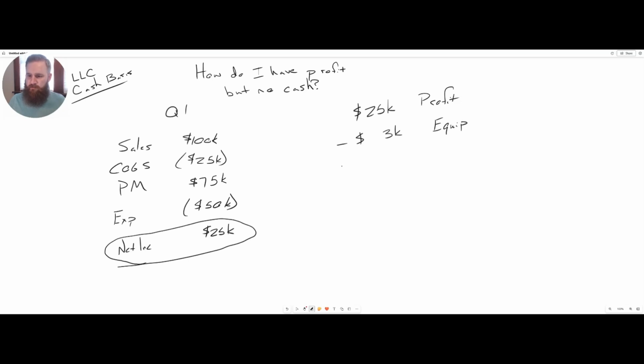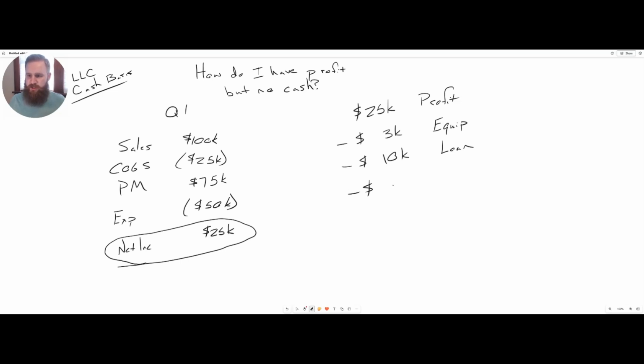You also have loans. Maybe it's a vehicle loan for the business, or maybe you own the property that your business is in, and so you pay a mortgage on that every single month. We're going to call your loan payments for the quarter $10,000. And then you're an LLC, so you don't have any payroll because you're not an S corp or a C corp.